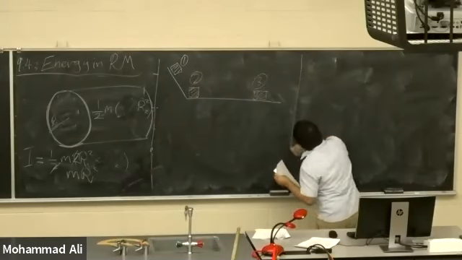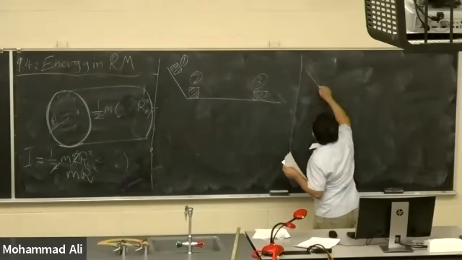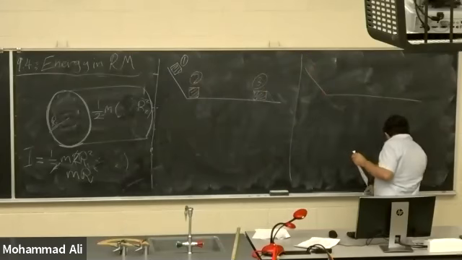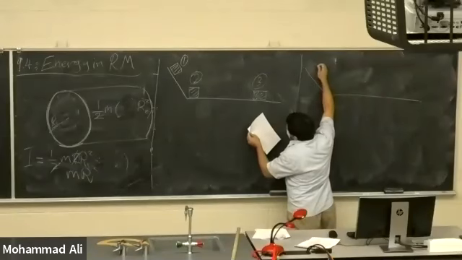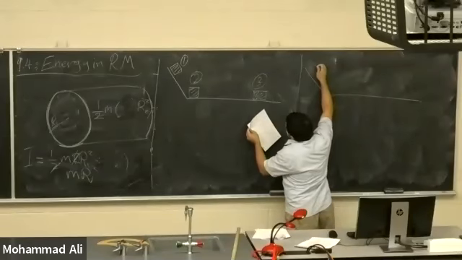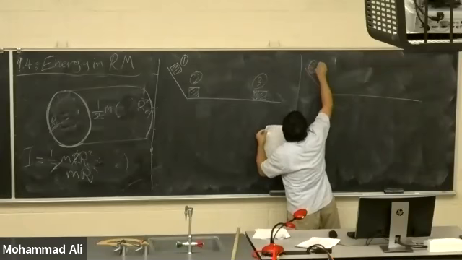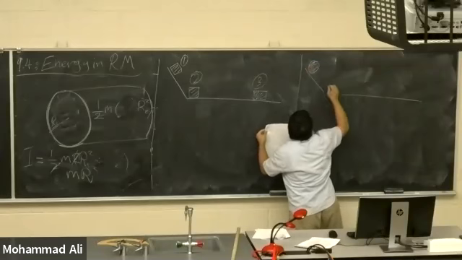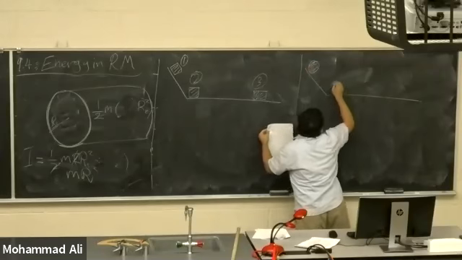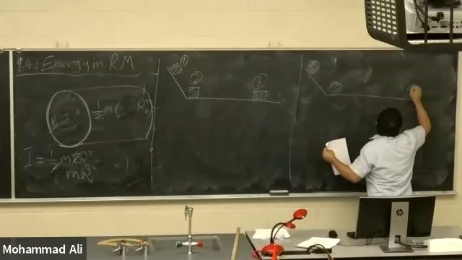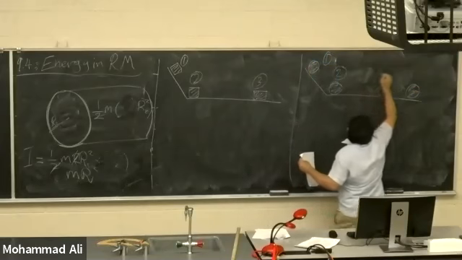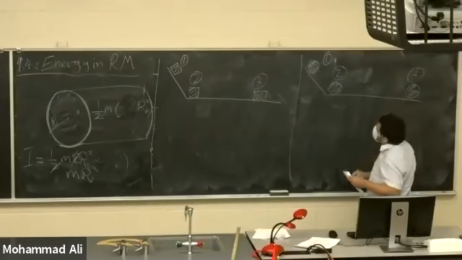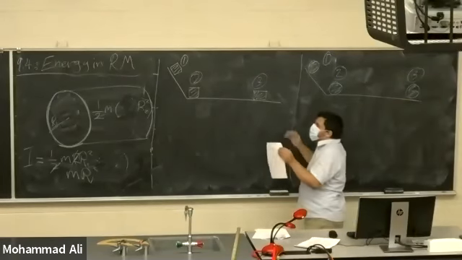We have the same system, but we have a disc or sphere. It is a sphere, I think. We have 0.1, 0.2, and 0.3. We have the same height.